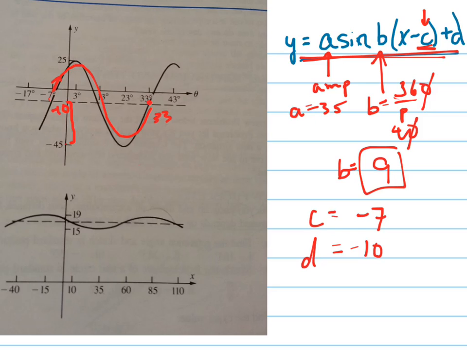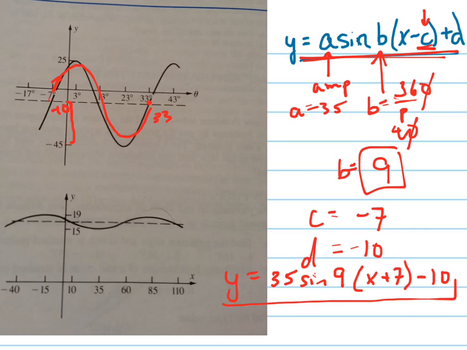So D equals -10. Your equation is y equals 35 sine of 9 times (x plus 7) minus 10. That's the equation of that first graph.